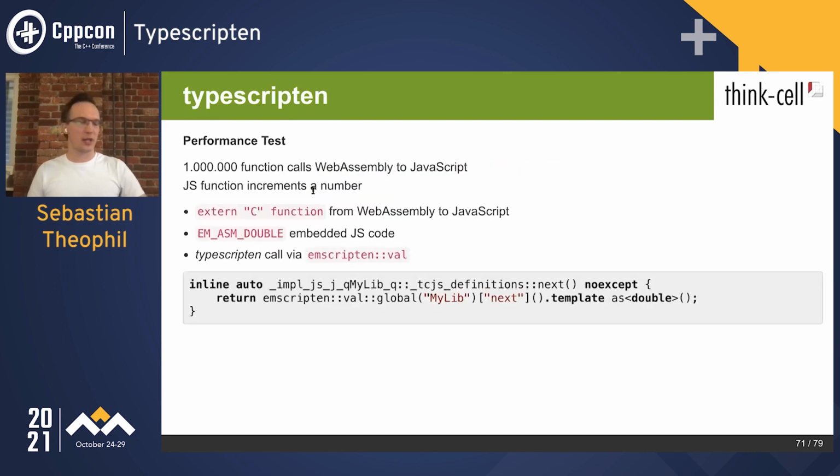One more word, and I'll shorten that so we have more time for the questions. I said I use the emscripten API to make calls to JavaScript that I'm just generating type-safe wrappers for, essentially. And I've also mentioned that this emscripten API has a pretty high runtime cost because I'm passing strings. Those strings have to be translated to JavaScript strings, and those JavaScript strings are then used to look up the actual objects.